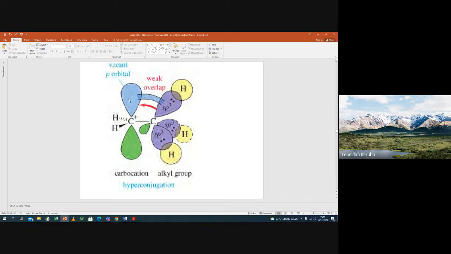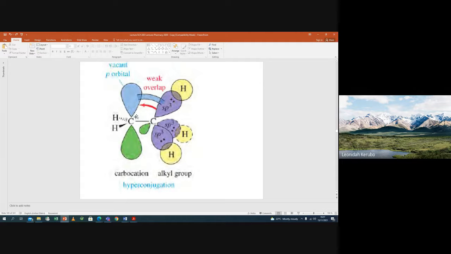So it will overlap and tend to share the 2 electrons of this covalent bond with the p orbital of the adjacent carbon atom, which is having no electrons. So that way, it will try to stabilize and reduce the positive charge by donating some electrons.